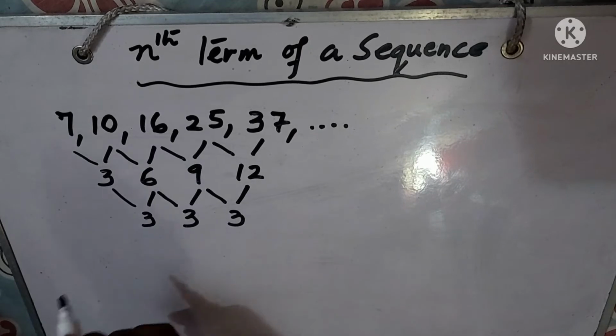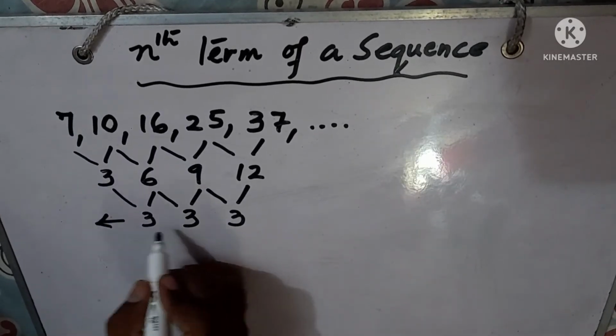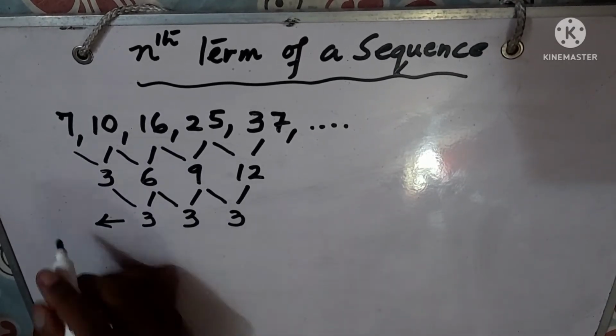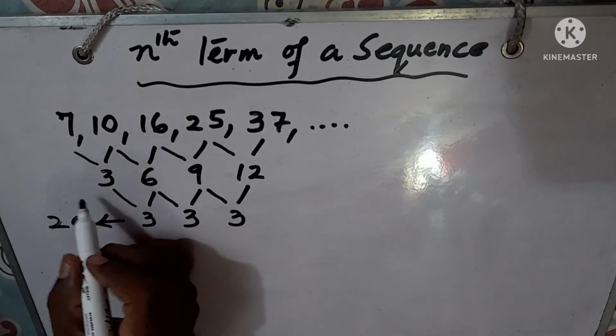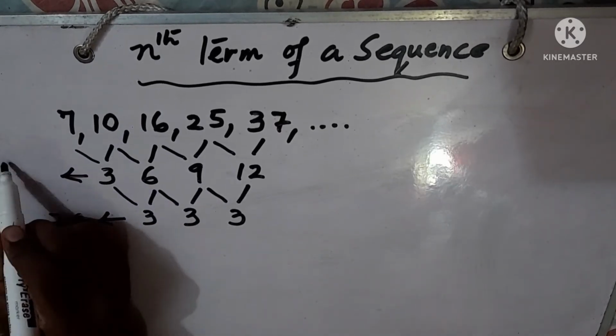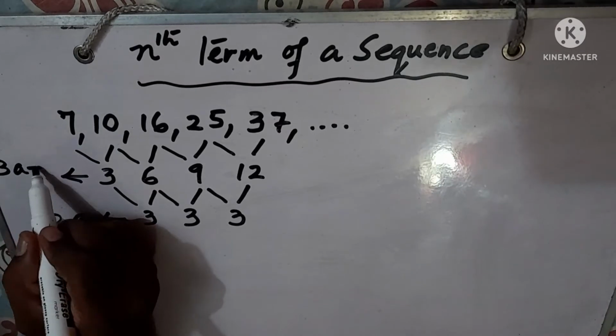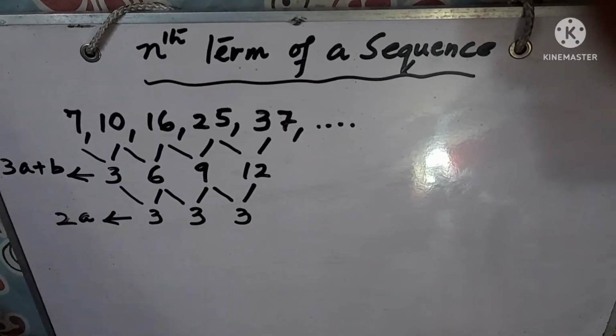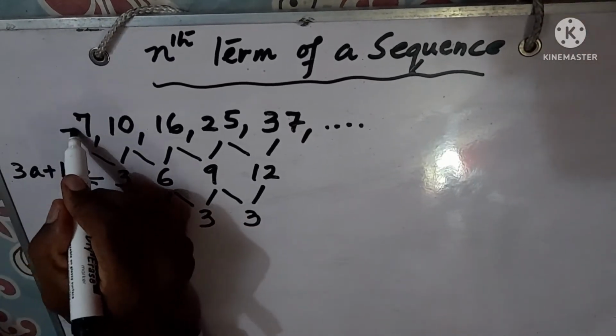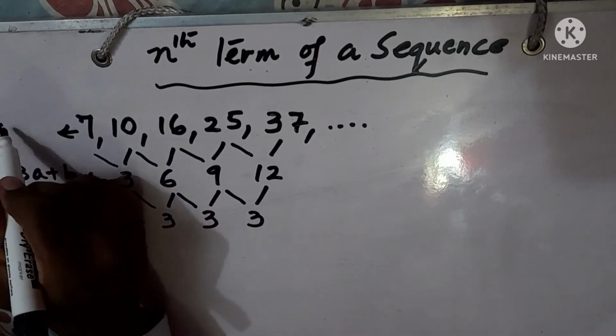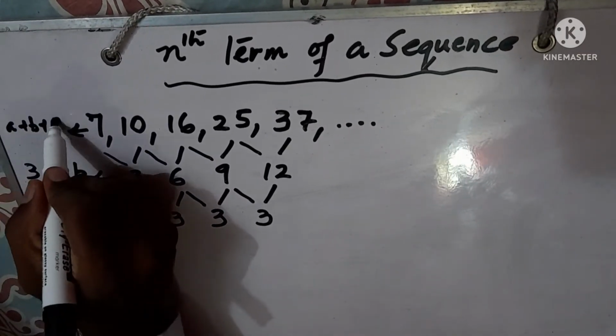you simply first equate your second difference, which is the same, with 2a, the first difference with 3a plus b, and the first term with a plus b plus c.